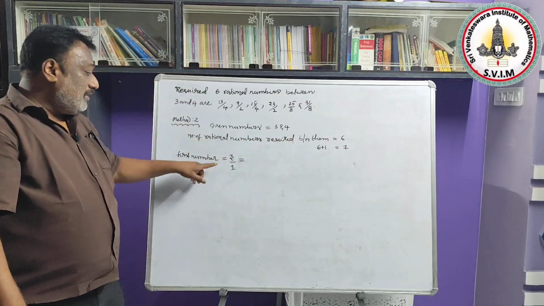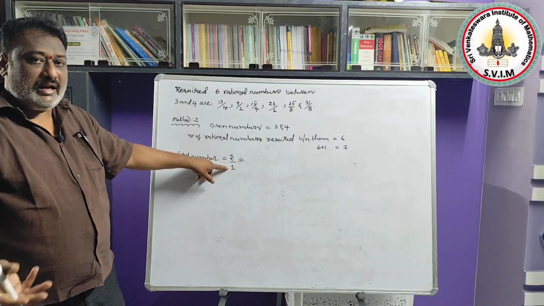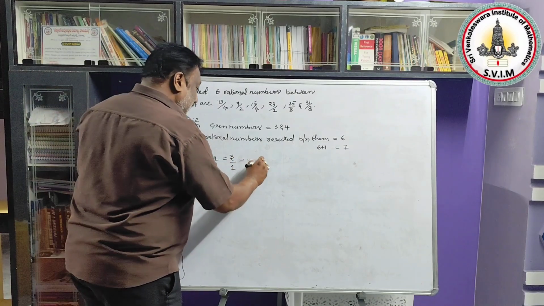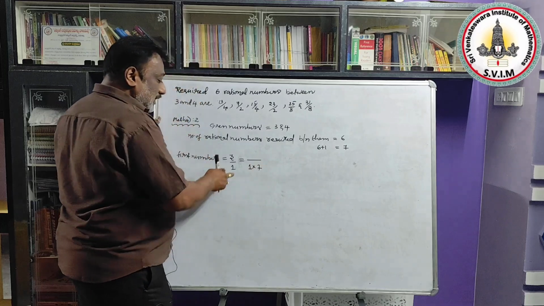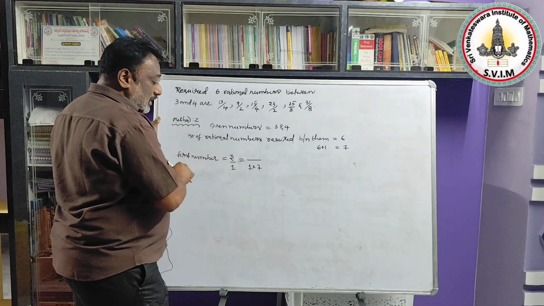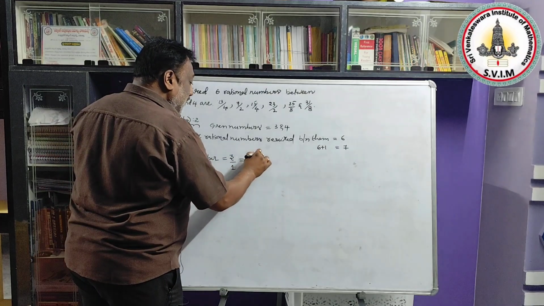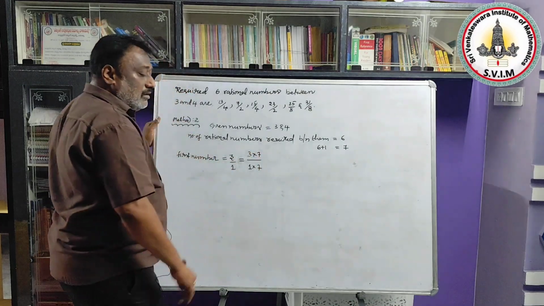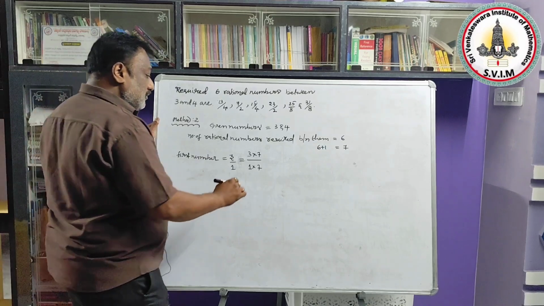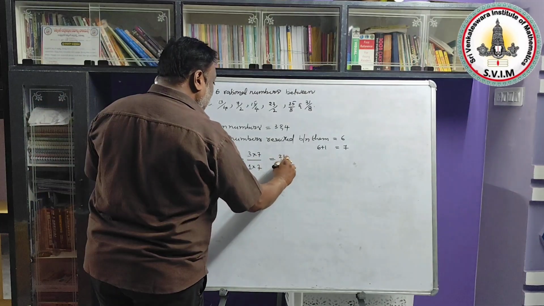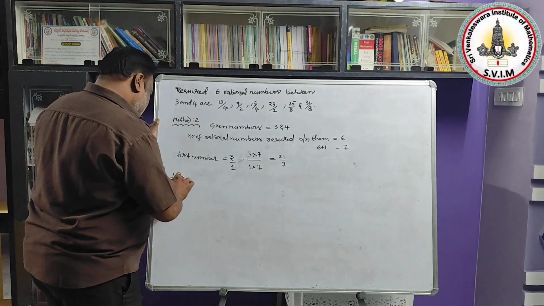To get this 7 you can multiply the denominator with any number. So, to get 7 I need to multiply this 1 with 7. But in a fraction, if you multiply its denominator with any number, you need to multiply the respective numerator with that same number also. This is a condition in fractions. So, 3 sevens are 21, you get 21 by 7. That is all.